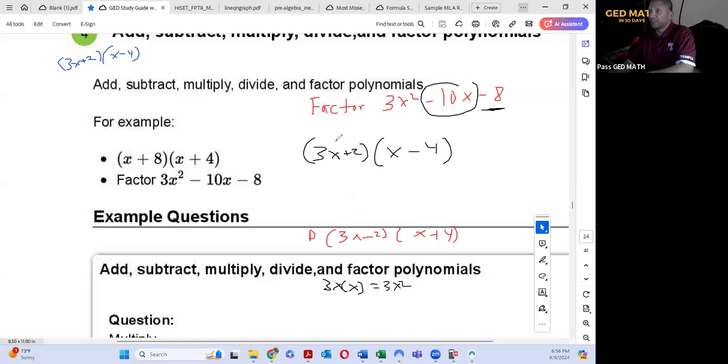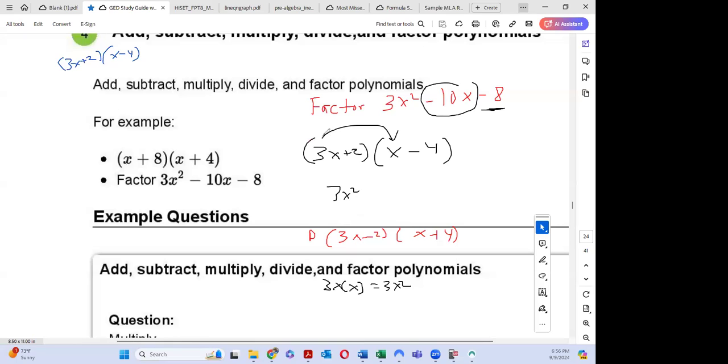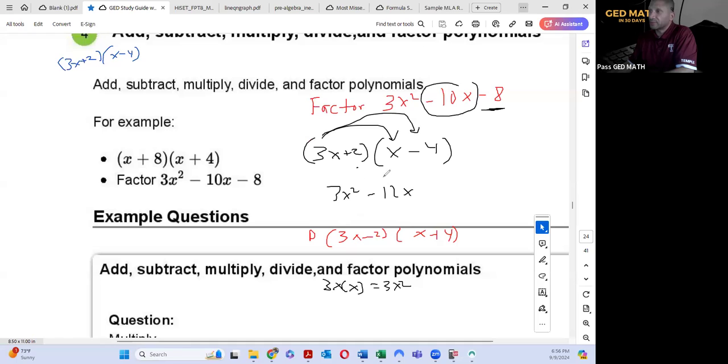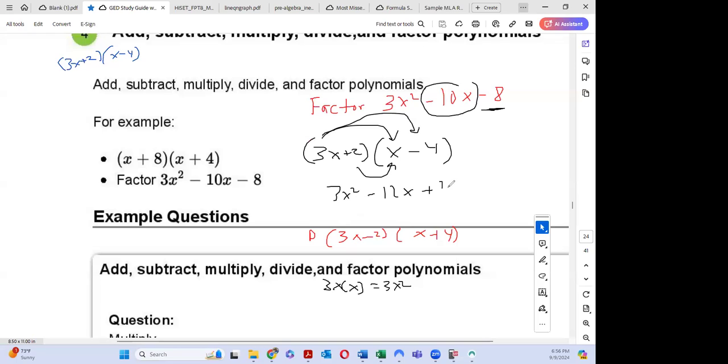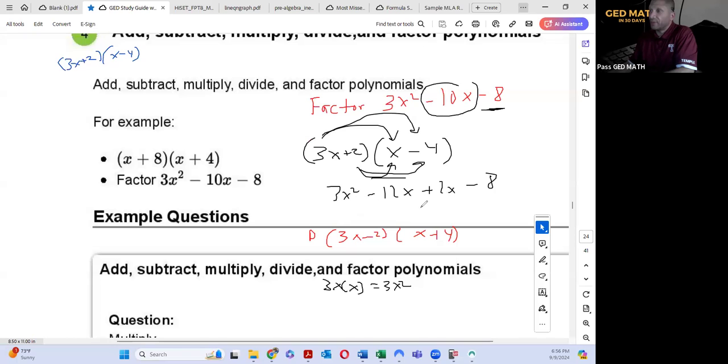Watch this. 3x squared minus 12x plus 2x minus 8. We have like terms. 3x squared minus 10x minus 8.